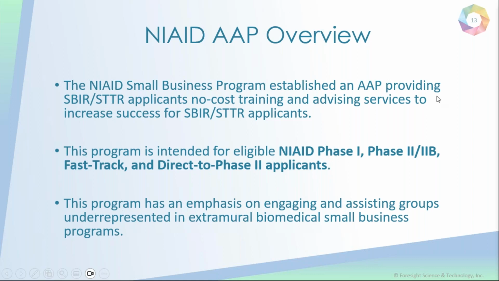As Hijau also mentioned, this program is intended for eligible NIAID Phase 1, Phase 2, Fast-Track, and Direct to Phase 2 applicants. So pretty much anyone who is interested in NIAID SBIR funding is eligible to apply.